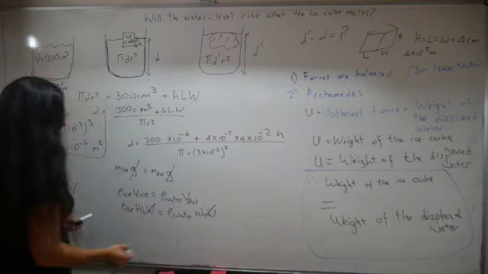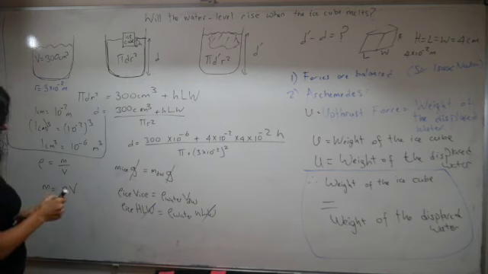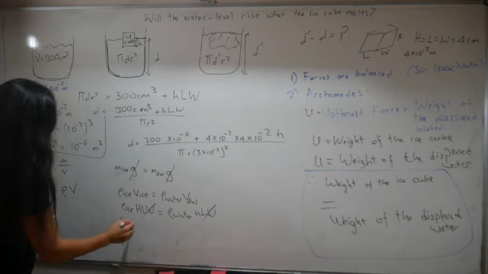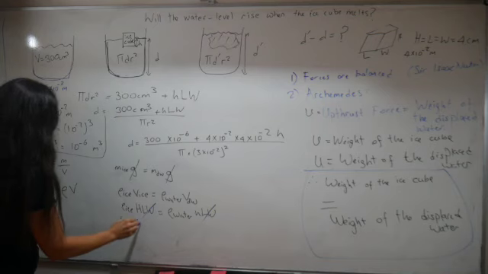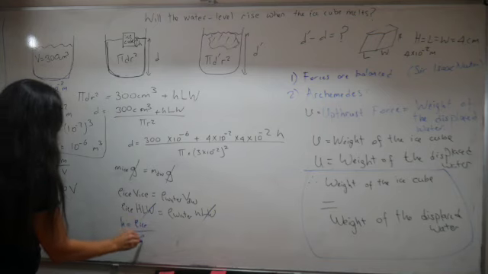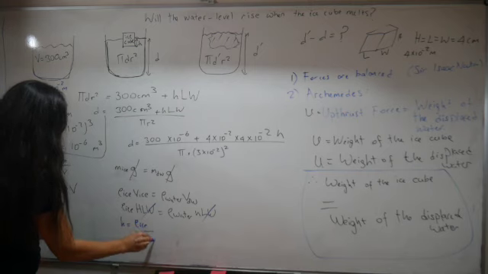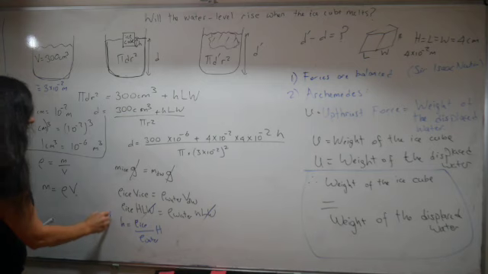So cancel those. So I have h equals rho ice divided by rho water times H. Okay, so now I can find h.